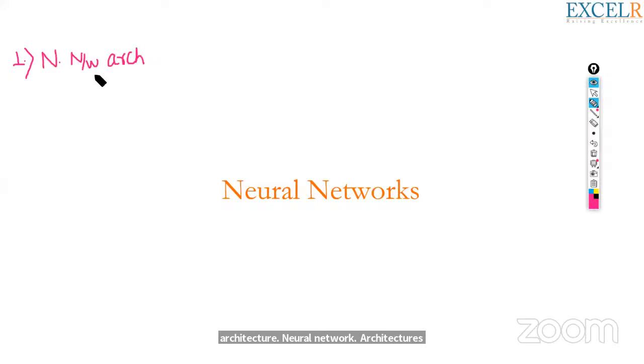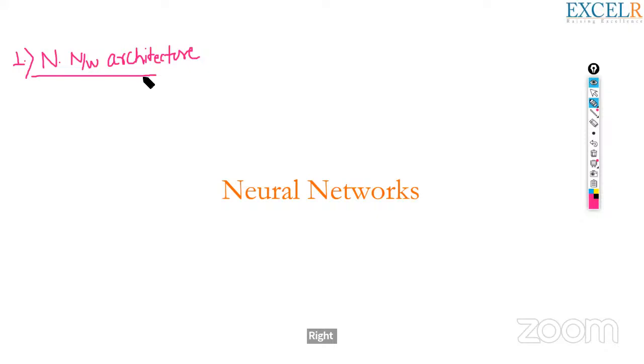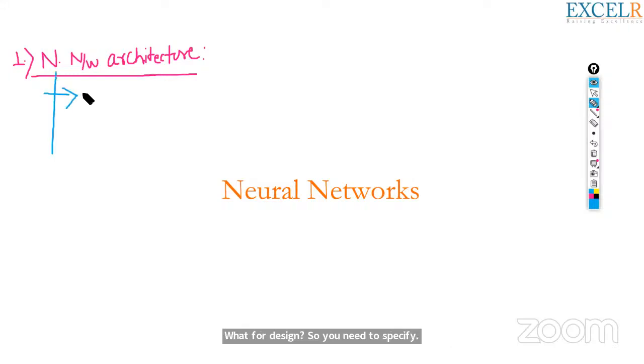Step number one is, first of all, you need to define the neural network architecture. First of all, you need to design the neural network architecture. Now, in this neural network architecture, you need to specify how many hidden layers you are going to use.